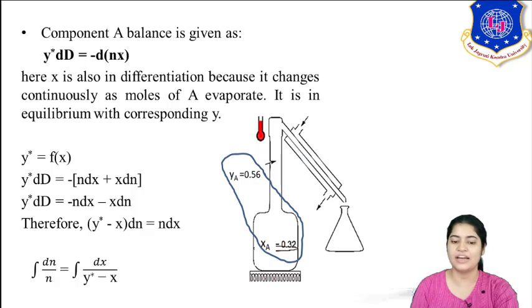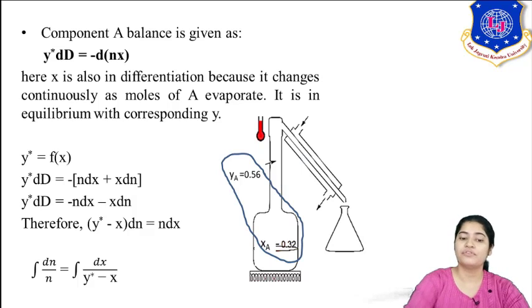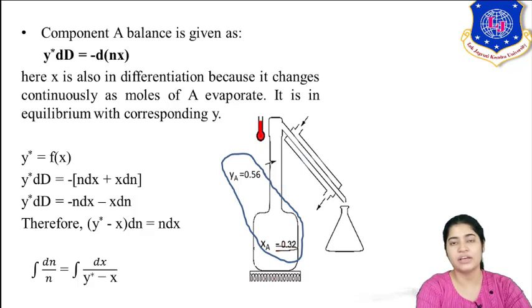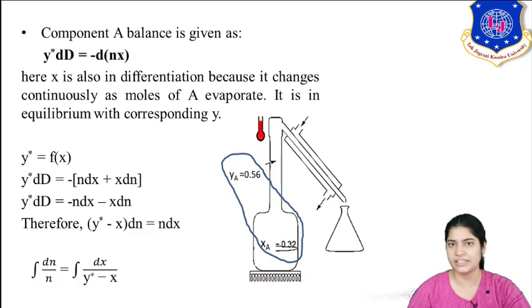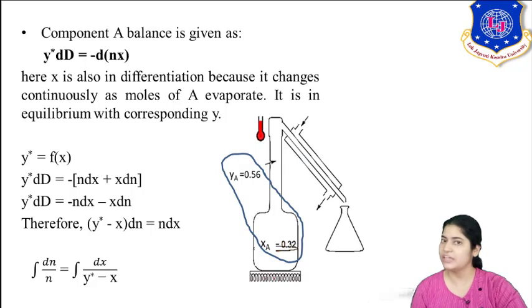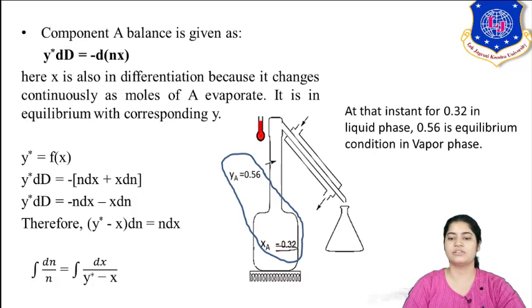So 0.56 and 0.32 are the equilibrium compositions. Now this vapor, having a composition of 0.56, is taken out, condensed and collected in the distillate. More vapors will then form whose composition would be different, and for that composition again there will be an equilibrium condition in the liquid phase. This is how it progresses.